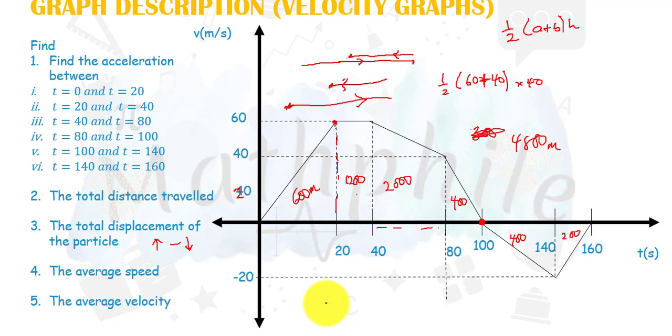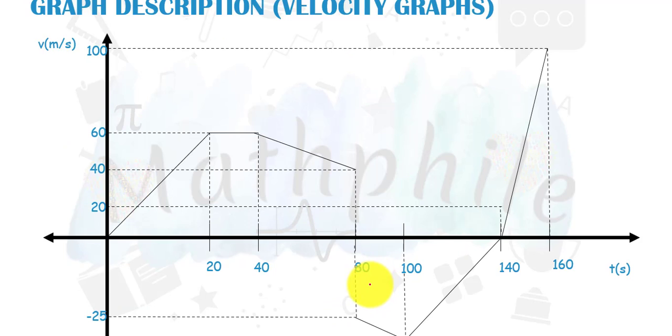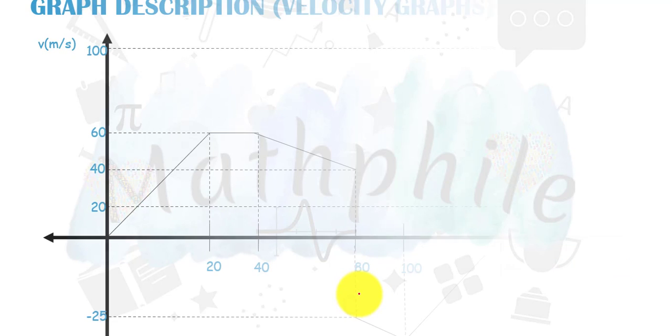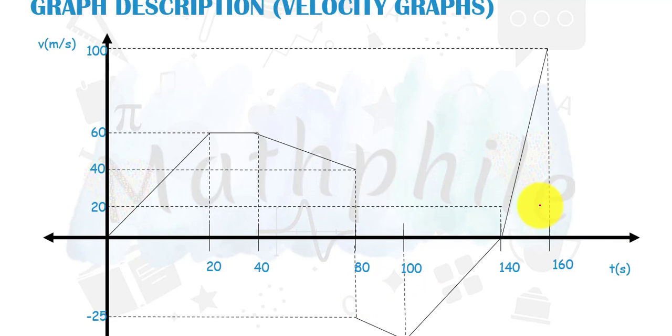Okay, I've done it. So this is a little bit crazy. Can you describe what is going on in this graph?